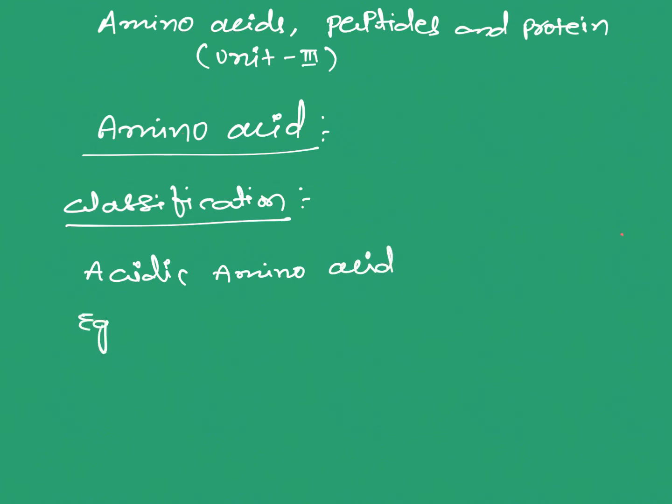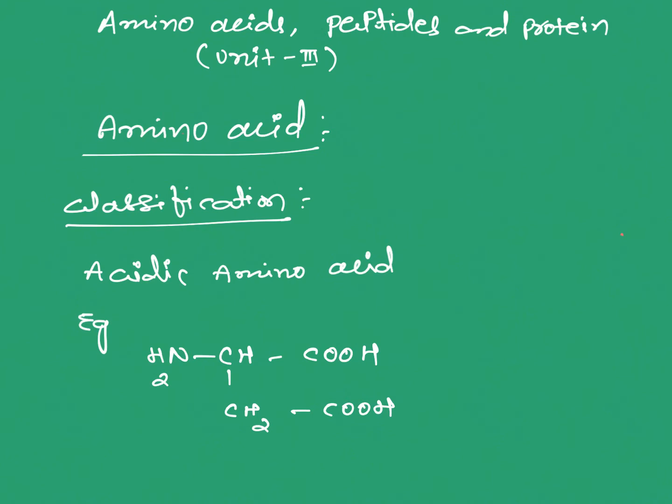Let's take an example, aspartic acid. COOH, in this aspartic amino acid an extra CH2COOH is present, and this is the alpha carbon which has NH2.